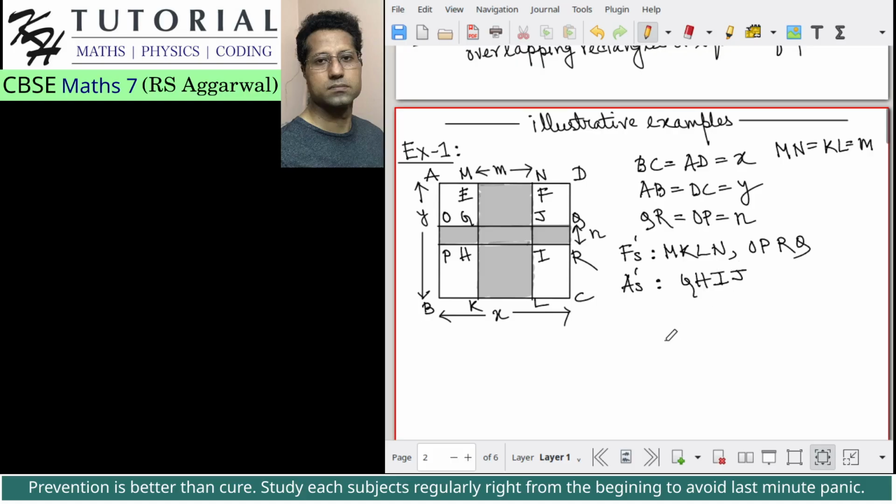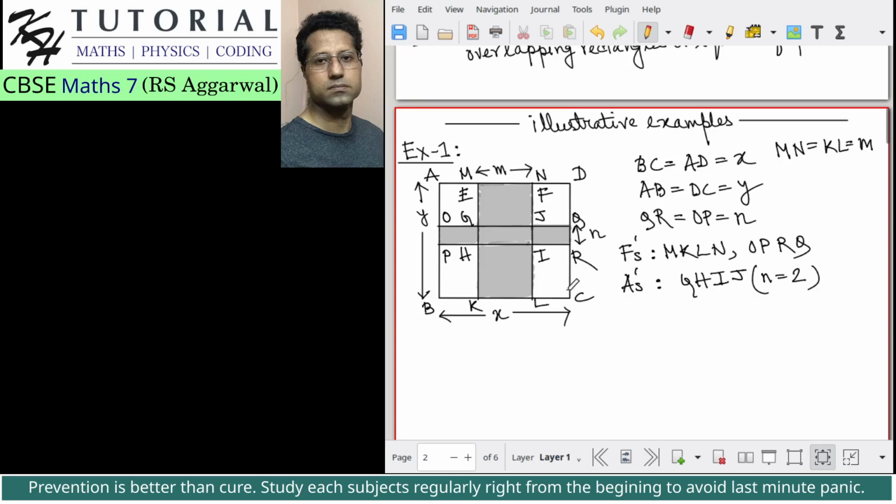It is the overlapping area or sub area or region. Also I can see that for this overlapping region n is equal to 2, because this overlapping region is common to only two rectangles, MKLN and OPRQ.